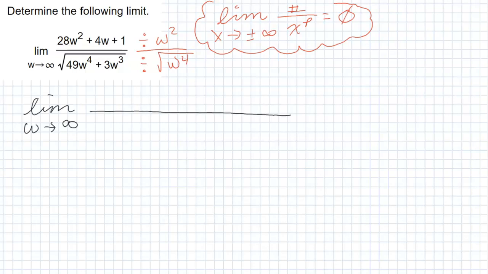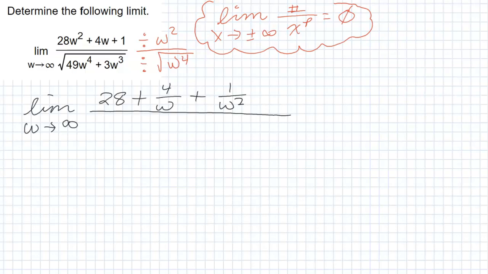Okay, 28w squared divided by w squared is 28, plus 4w divided by w squared is 4 over w, plus 1 over w squared.